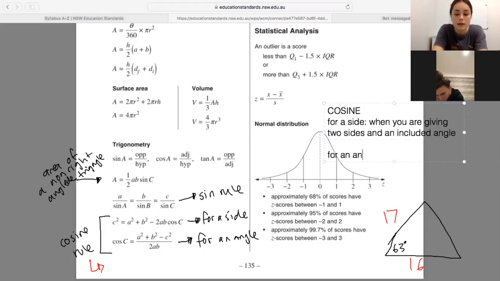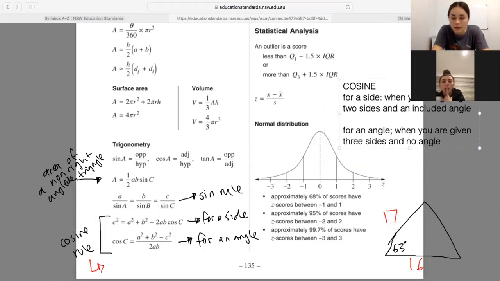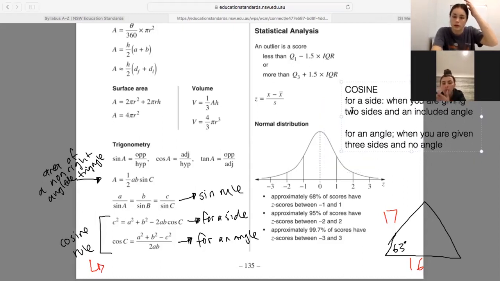For an angle: where you are given sides and no angle. Okay. So hopefully that makes sense. That's when you use the cosine rules. So if you have 3 sides and no angle, you use the cosine rule to find an angle. And if you're given 2 sides, like 17 and 16, and then an included angle in between the 2 sides as like 63, then you can use the cosine rule for a side.